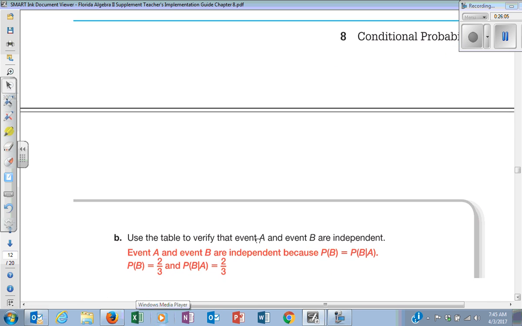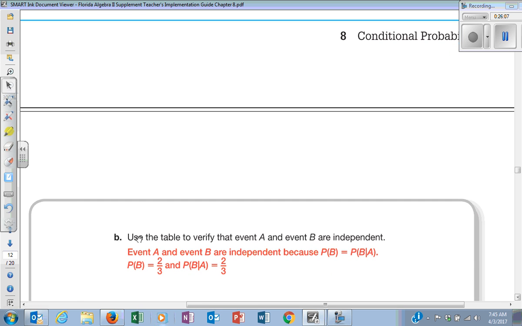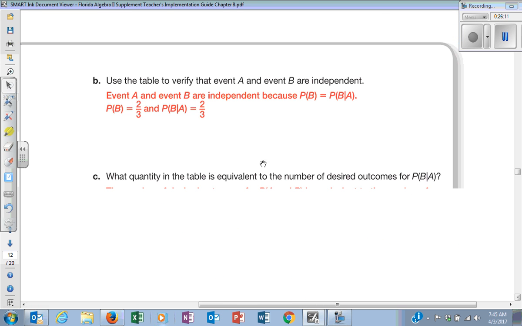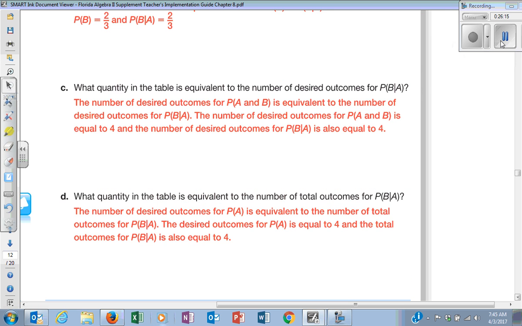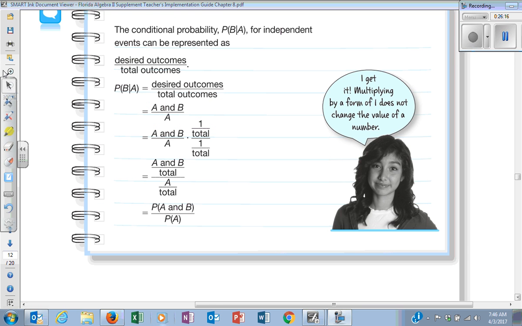All right. So use the table to verify. They can still get the 2/3. We've already done this. All right. This is the thing that we need to be concerned with. They show you how they derive this, but this is what we need.